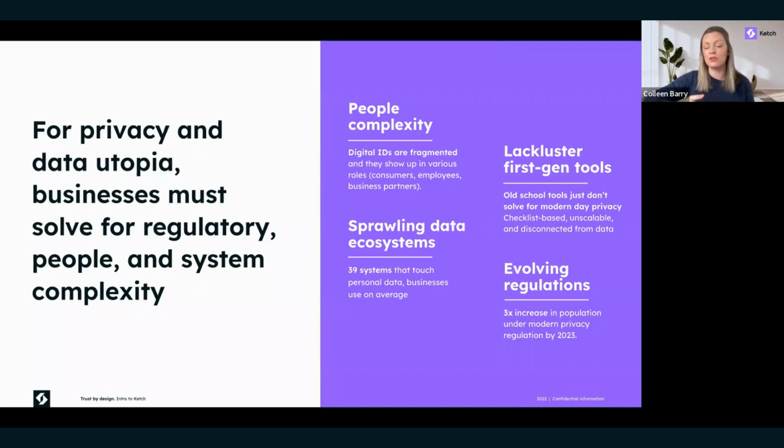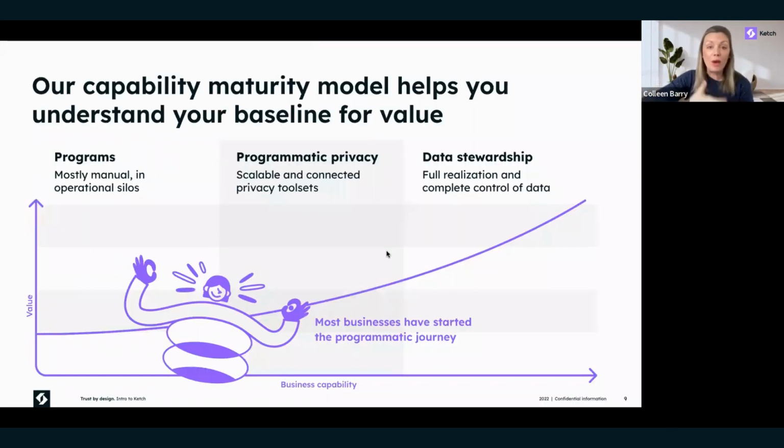Many of the early tools that came to market for data privacy, often in that 2015, 2016 range, were very modular and weren't built to solve for this fragmented, sprawling regulatory landscape we have today that really requires interoperability. So we're dealing with quite a challenge from a business perspective in multiple streams here. The way we think about this at Ketch is within this concept of a capability maturity model.